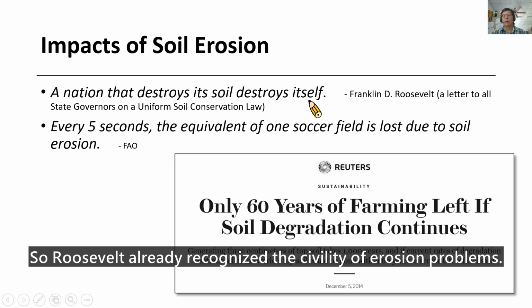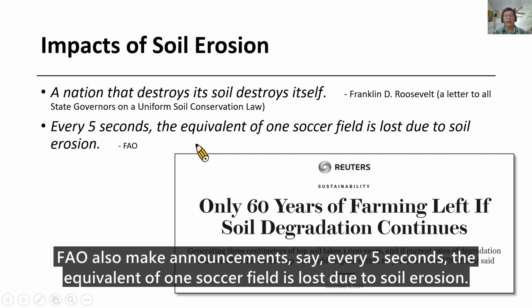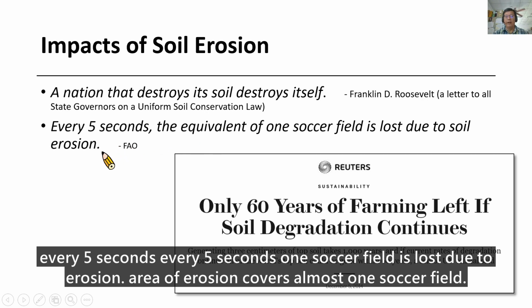So Roosevelt already recognized the severity of erosion problems. FAO also made an announcement: every 5 seconds, the equivalent of one soccer field is lost due to soil erosion.